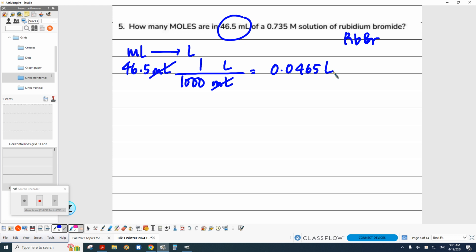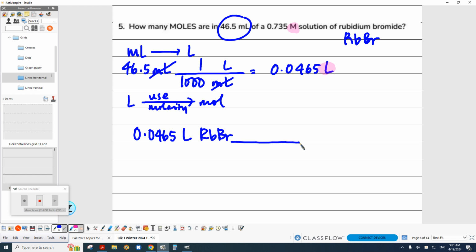And what can we do now? If we know the liters and we know the molarity, we can convert from liters to moles using the molarity. Never start with molarity. Molarity is a conversion factor. You start with what's given. 0.0465 liters of RbBr, and we're going to put liters on the bottom, and we're going to put moles of RbBr, rubidium bromide, on the top.